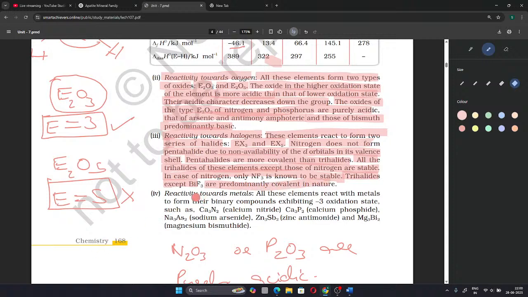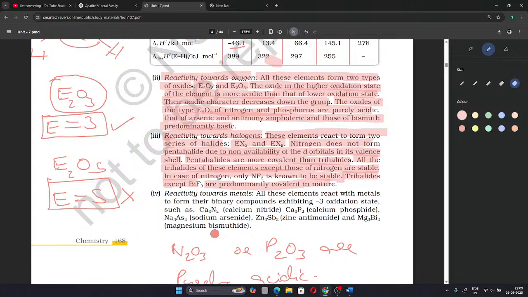Bismuth trifluoride is ionic in nature. So the point is they form two series of halides, EX3 and EX5, trihalides and pentahalides.